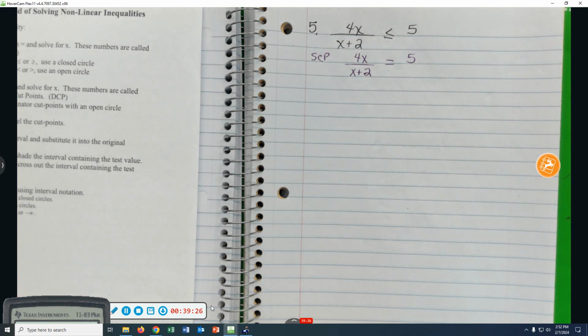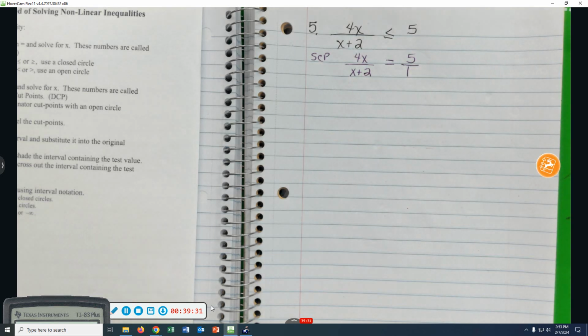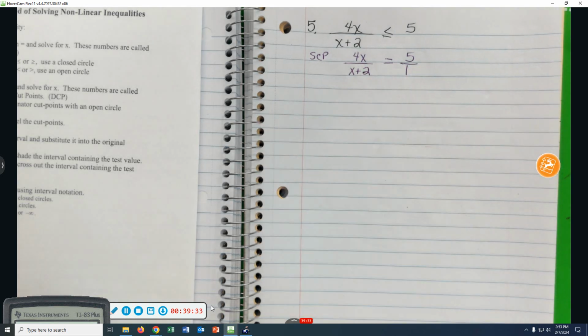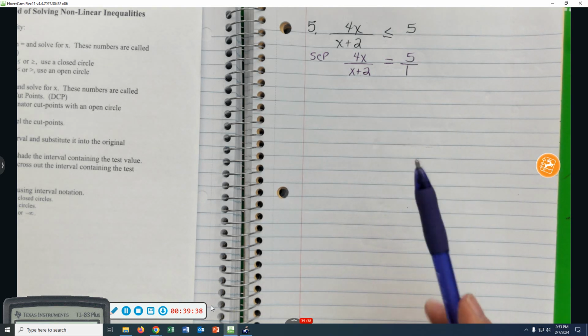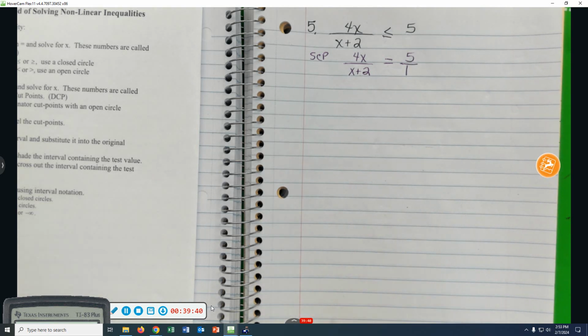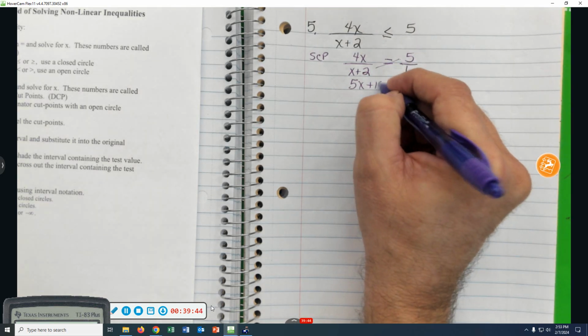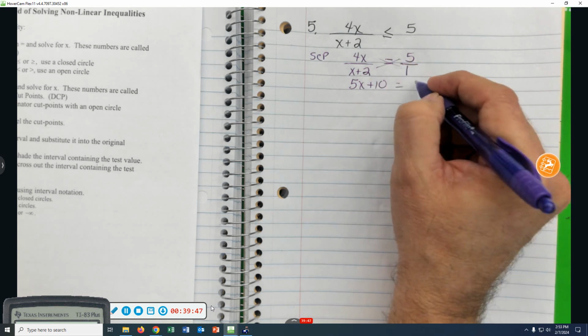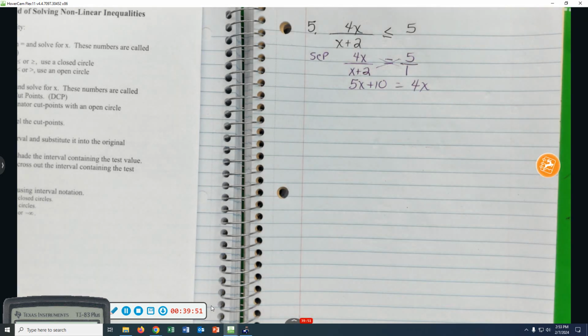We know how to solve an equation. I think I'm going to write it as over 1. And what am I about to do? Cross multiply. So I'd have 5x plus 10 equals 4x. Or if you want to go 4x equals 5x plus 10, however you want to go is fine with me. Whichever way you write it is correct. There's no wrong way.